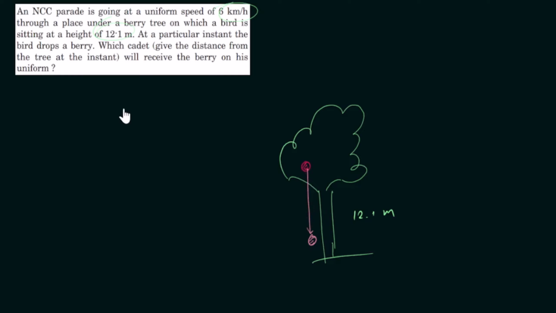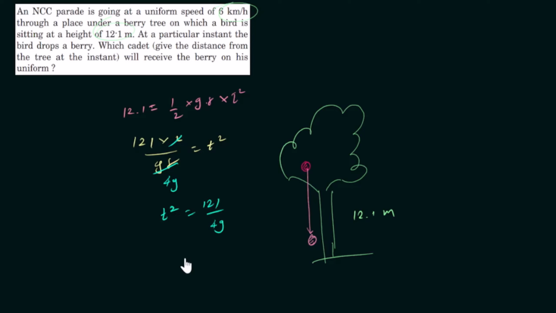Height 12.1 equals half g, which is 9.8, into t square. So 121 into 2 divided by 98 equals t square. 98 can be cancelled to 49, so t square can be written as 121 by 49. t will be basically 11 by 7 second, right?